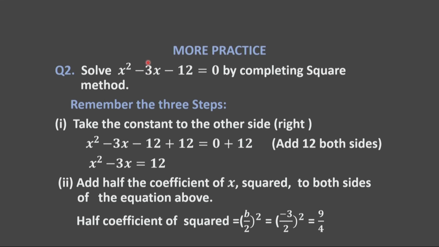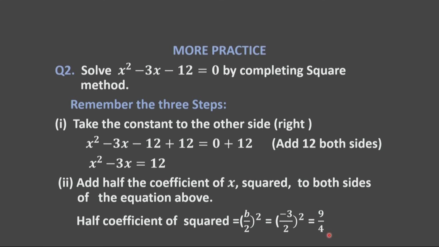What is half of that? It is minus 3 divided by 2. Remember, a half means divide by 2. Then I square it. And when I do that, negative 3 squared is 9, and 2 squared is 4.